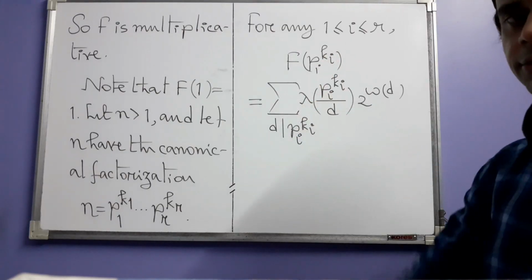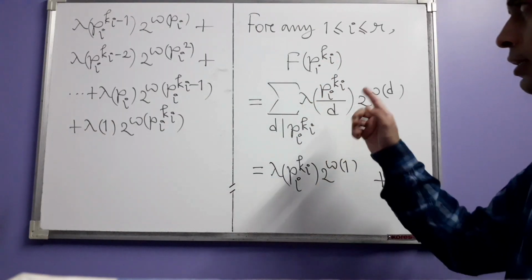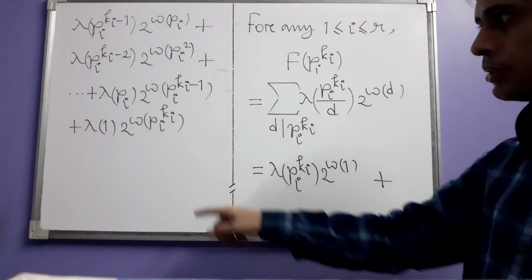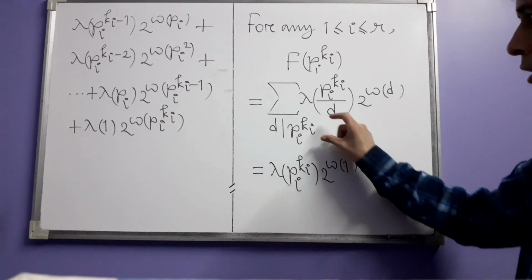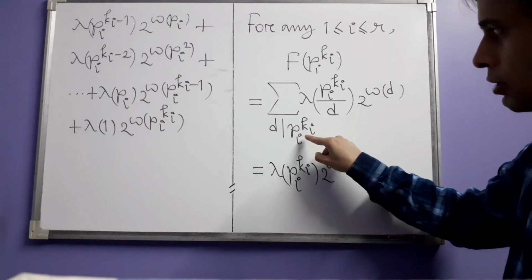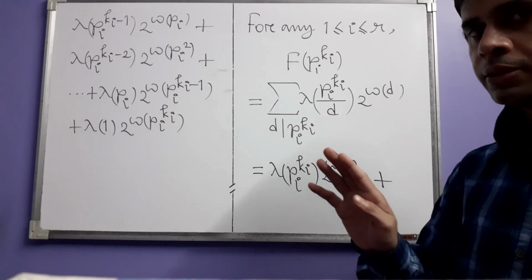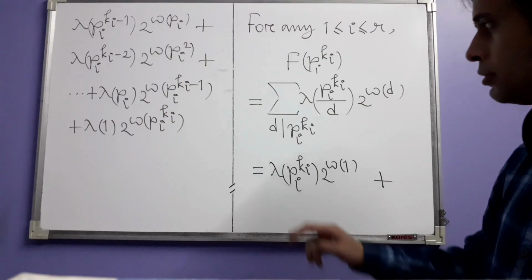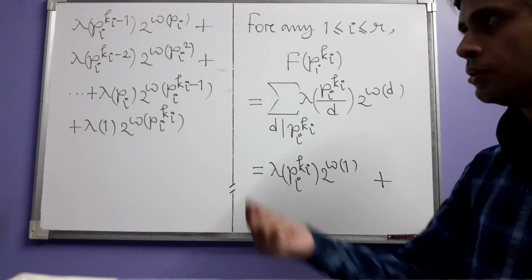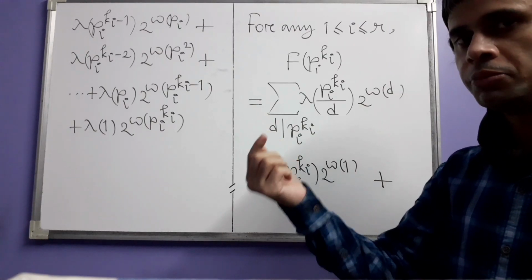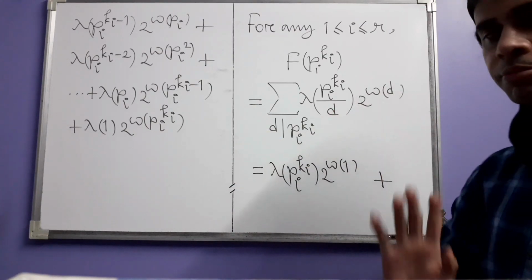This is all we need to find. The advantage that this calculation has over the calculation of general f of n is that the positive divisors of a power of a prime are easy to figure out. You already know what the positive divisors are: 1, pi, pi square, pi cube, like that all the way up to pi to the power ki.